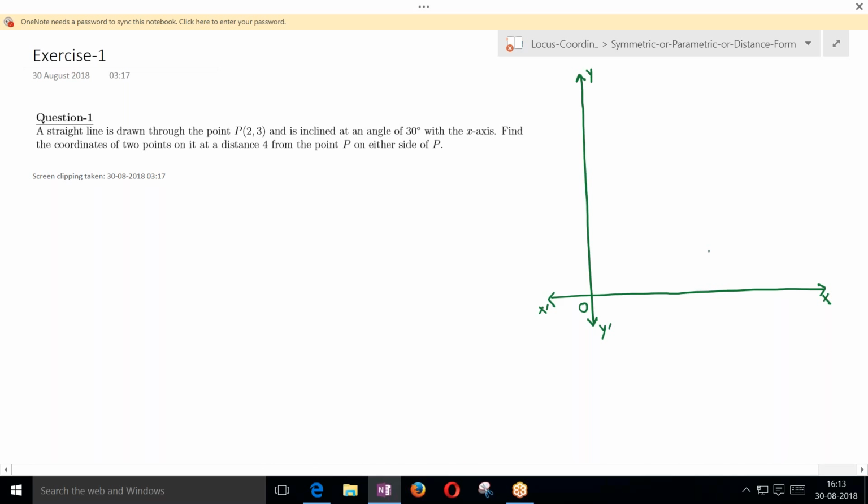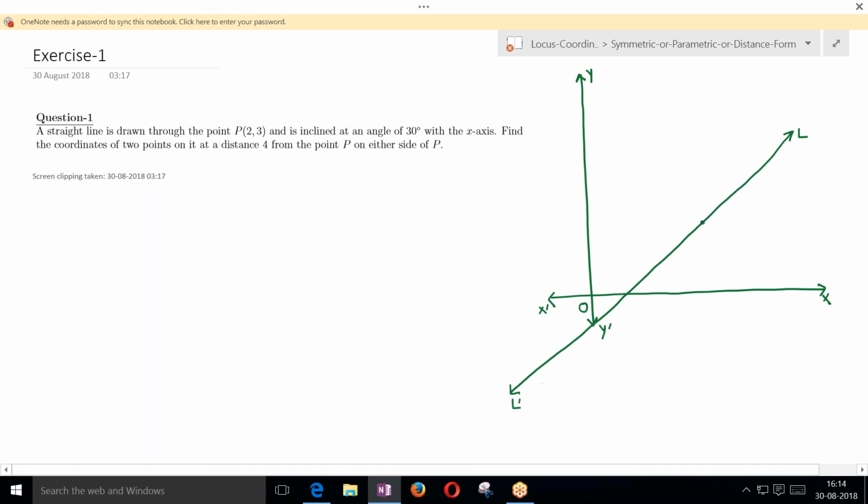So a straight line passing through the point (2, 3) makes an angle of 30 degrees. Suppose this is the straight line L', which passes through a fixed point (2, 3), call it P, and this angle is 30 degrees.